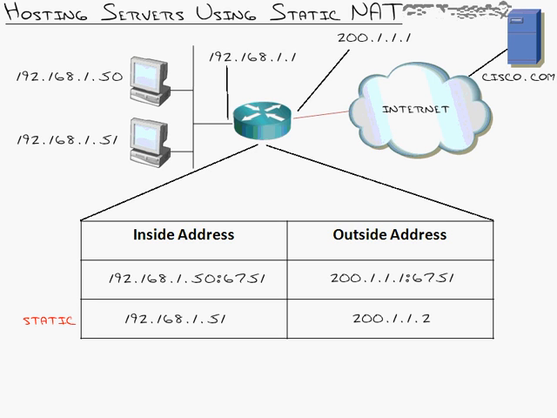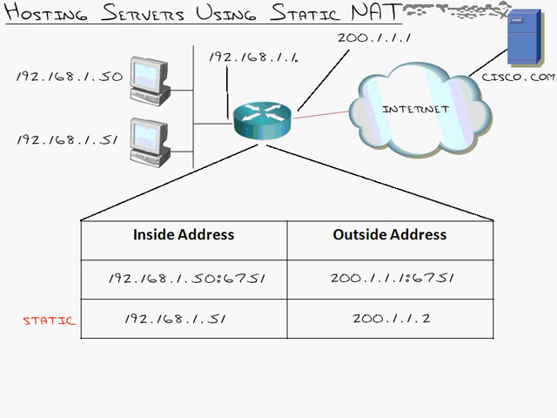Finally, the last form of NAT is known as static NAT. This form is typically used for hosting servers inside of your network. For example, we have private addresses here, 192.168.50 and 51 and so on. Those private addresses, since they are private, are not accessible from the internet. That's the whole definition of private, that it is unroutable by internet routers.